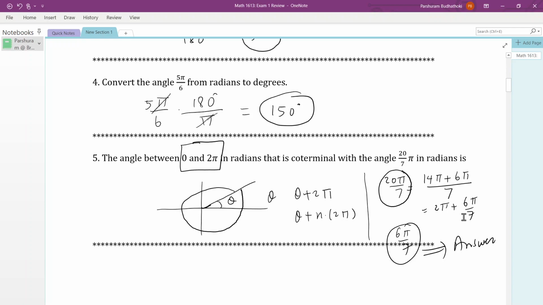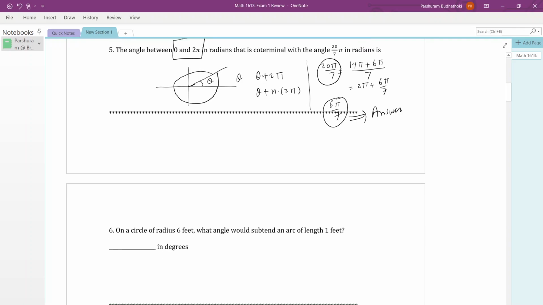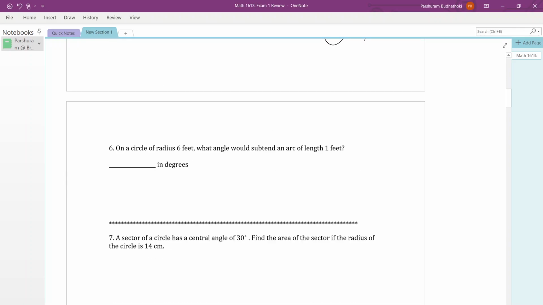If this angle was greater than 2 pi, you still keep subtracting 2 pi until you get an angle which is less than 2 pi. That would be your coterminal angle. Okay, that's problem 5. Let's go to problem 6.